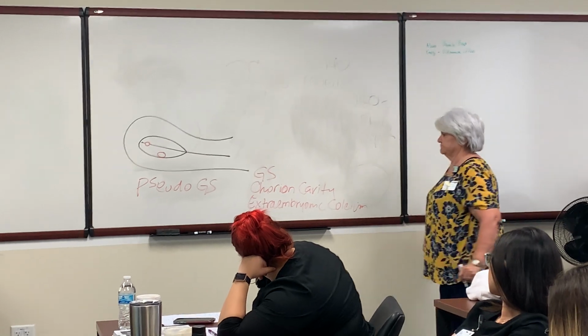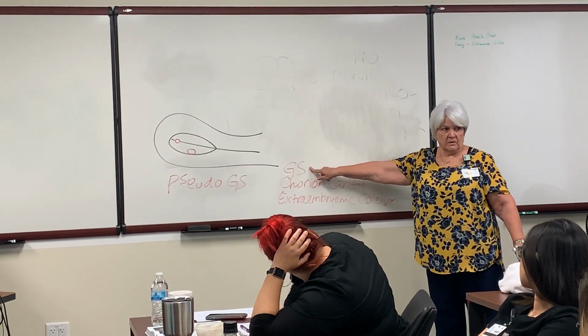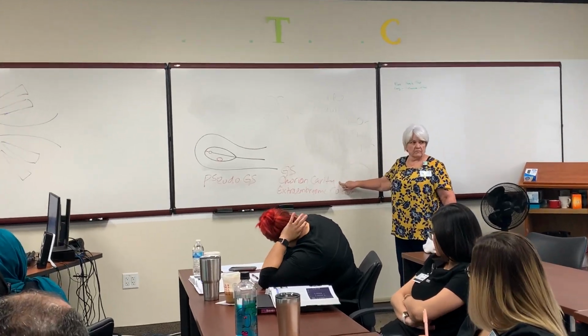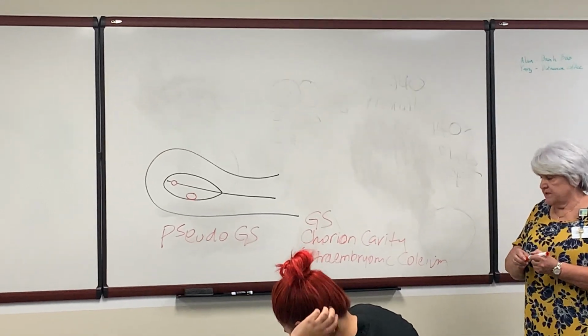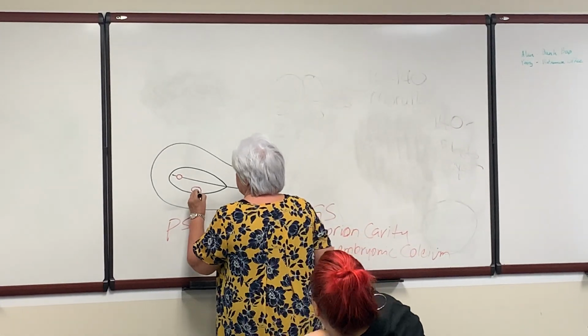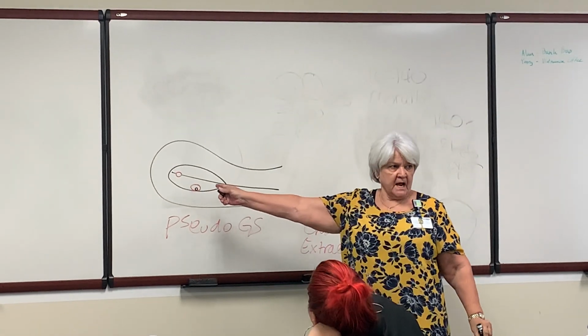Close enough. Okay? We call it a gestational sac. But really, it's a chorionic cavity. Okay? So the first thing that we're going to see inside that chorionic cavity is a yolk sac.